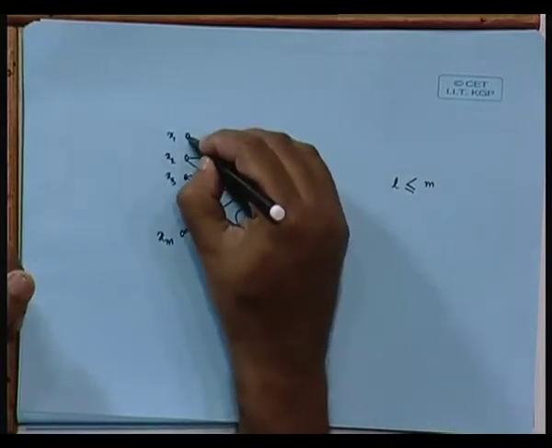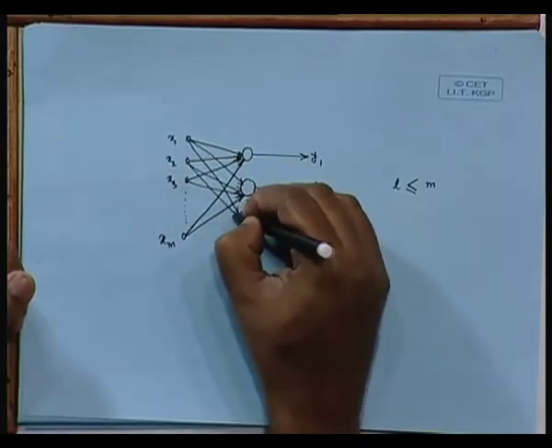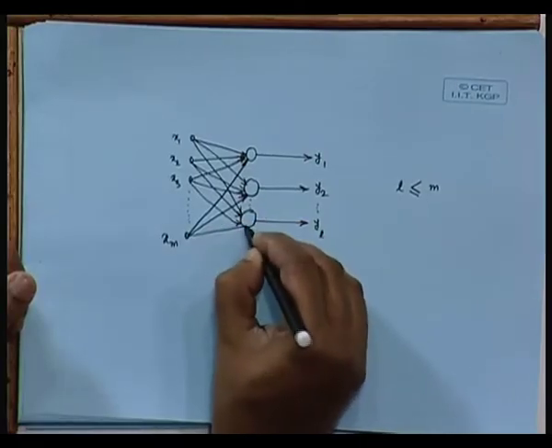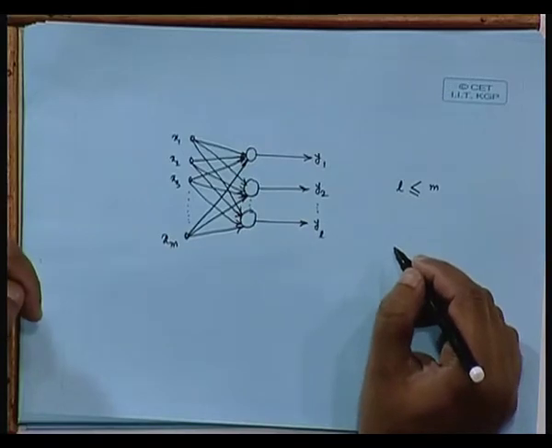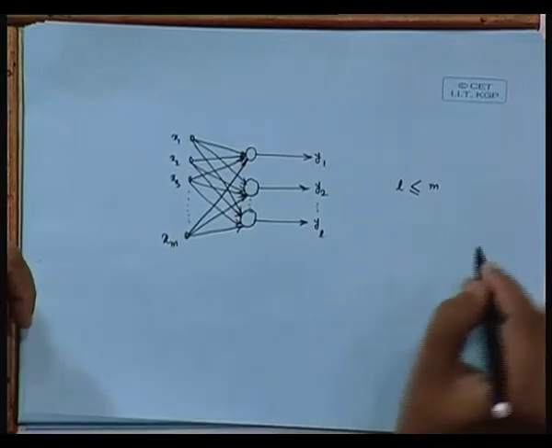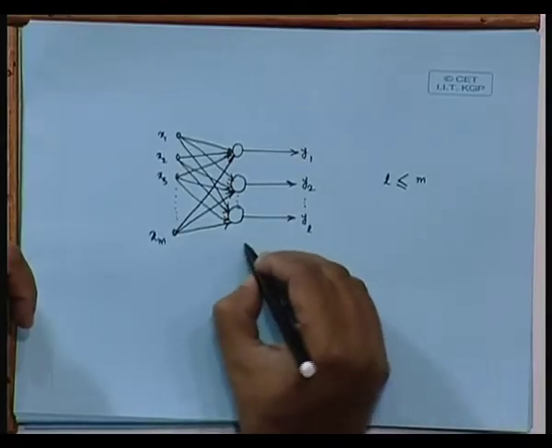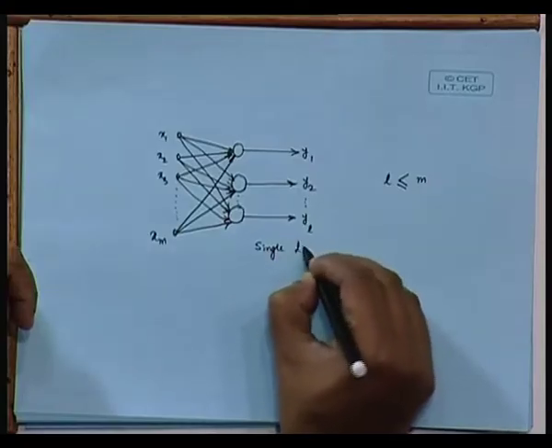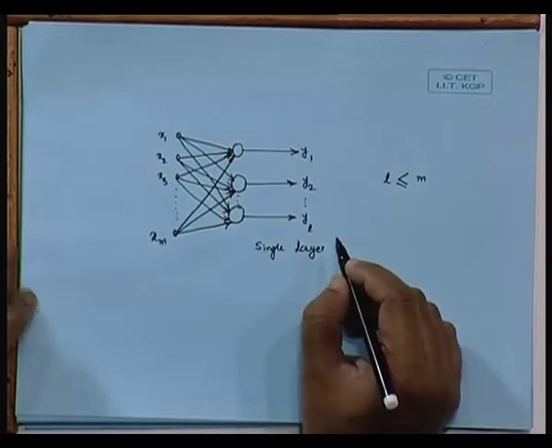Like this we continue, with m connections for the last one. Since all the neurons are linear, this is basically a single layer. So, you can see that we are using a single layer of neurons.